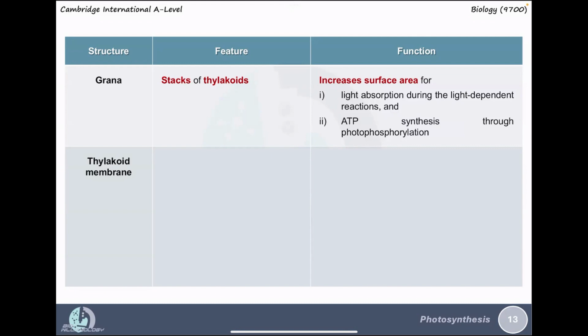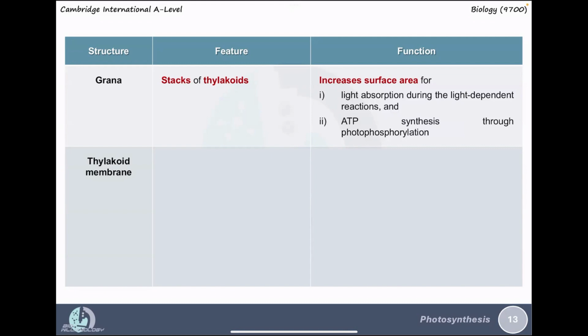As we have learned in a previous topic, ATP can be synthesized in three ways. The first way is known as substrate-linked phosphorylation. The second way is oxidative phosphorylation. Both ways are found in respiration. And the third way where ATP can be synthesized is through photophosphorylation during photosynthesis, or more precisely, during the light-dependent reaction.